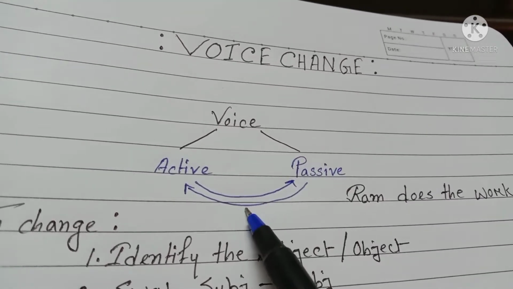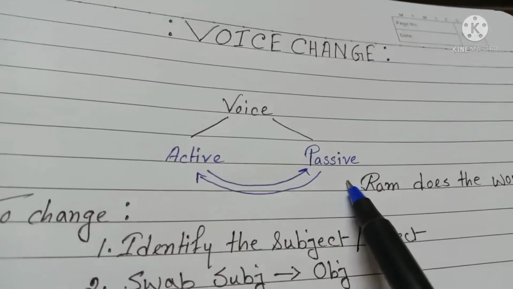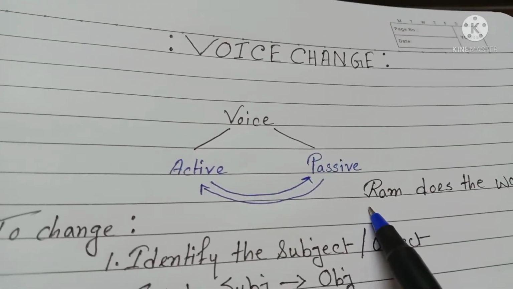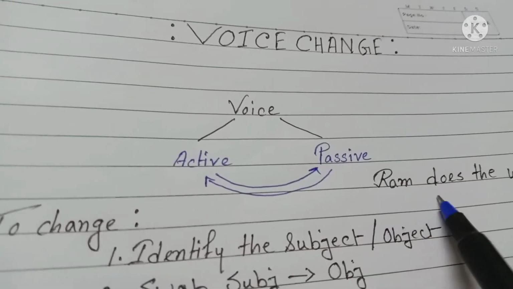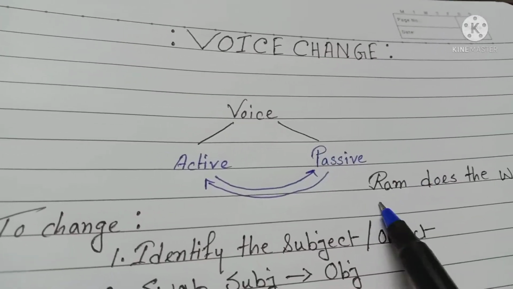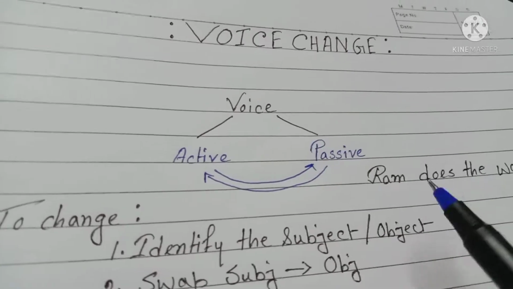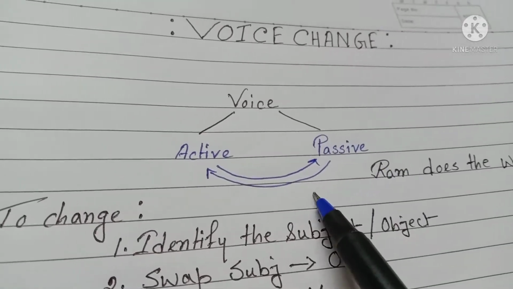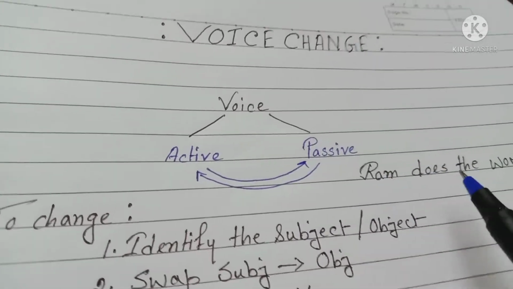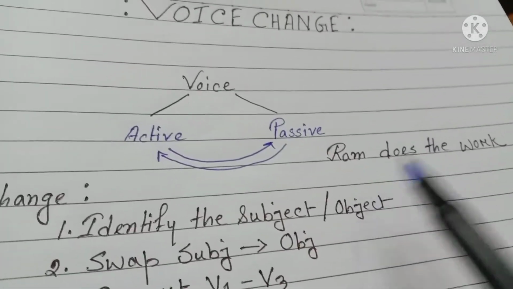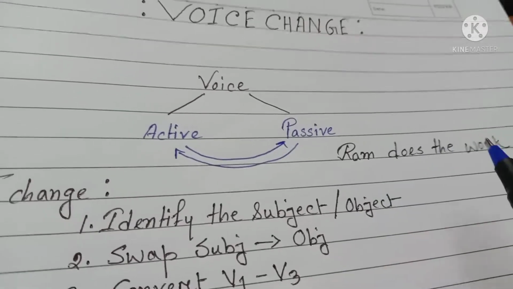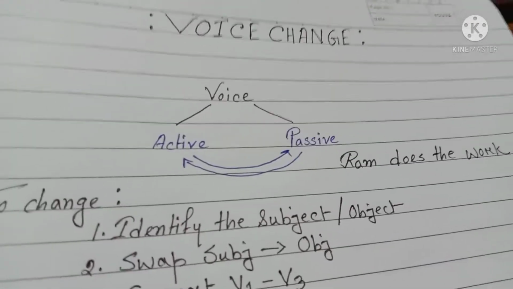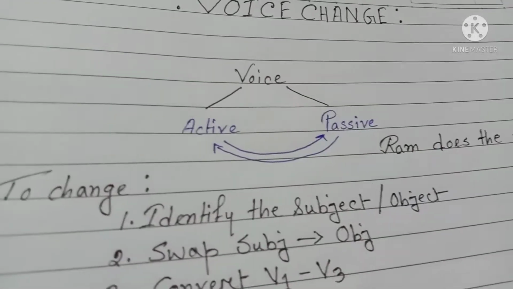And when we write anything in passive voice, it means the subject is the receiver of the action. The subject is not doing the things directly. So in active voice, the subject does the action, and in passive voice, the subject receives the action. I think it is clear what is active and what is passive.